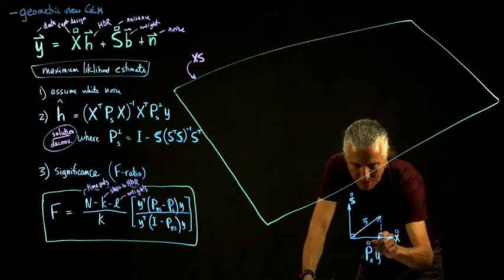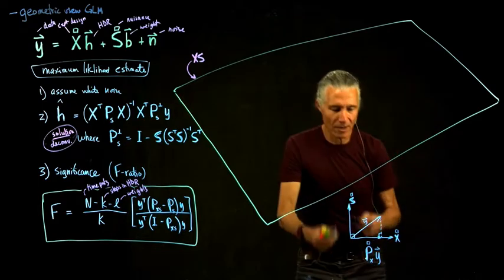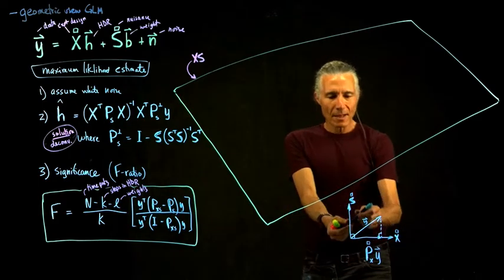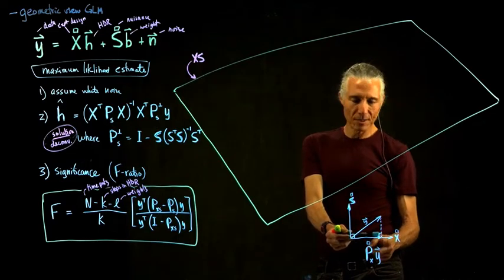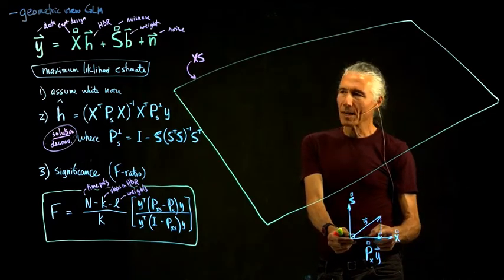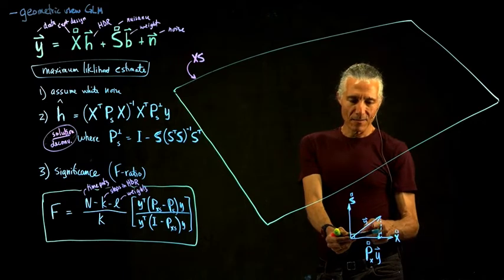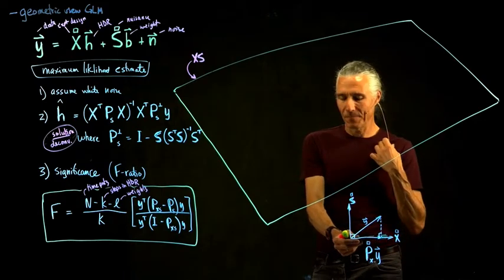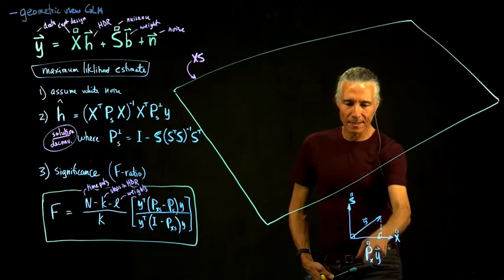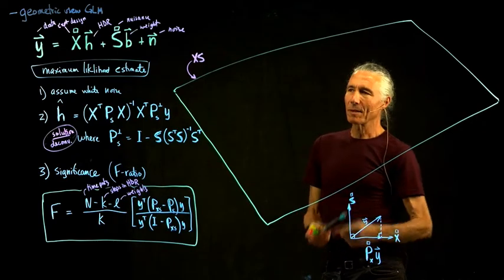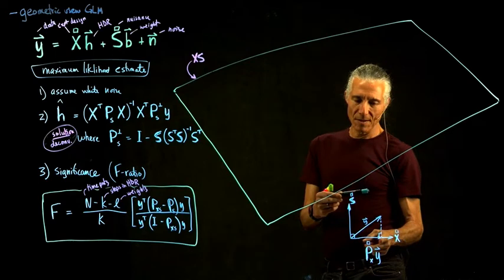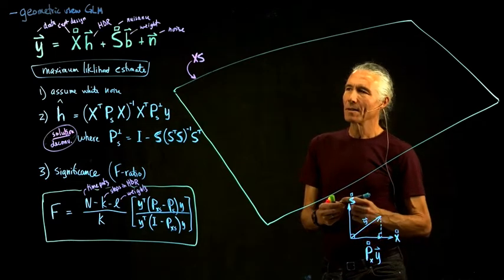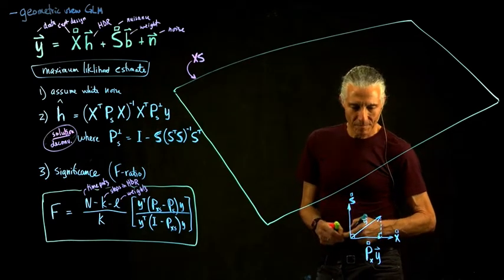You multiply that matrix by a vector, and what is the result? It rotates the vector and shrinks it a little bit so that it corresponds to the perpendicular projection of that data vector onto the experimental design. So that's the meaning of this matrix. It's a matrix that will do this operation for you of projecting onto the x-axis.